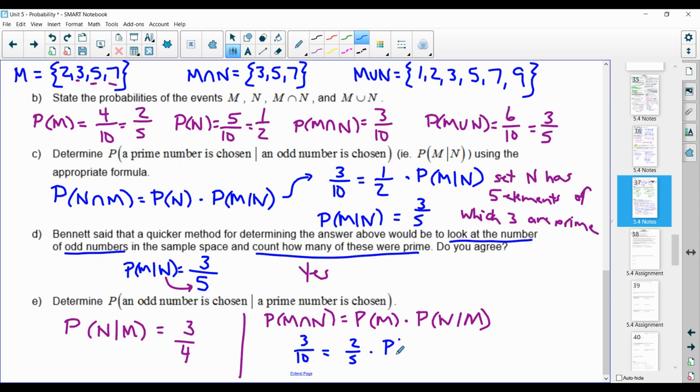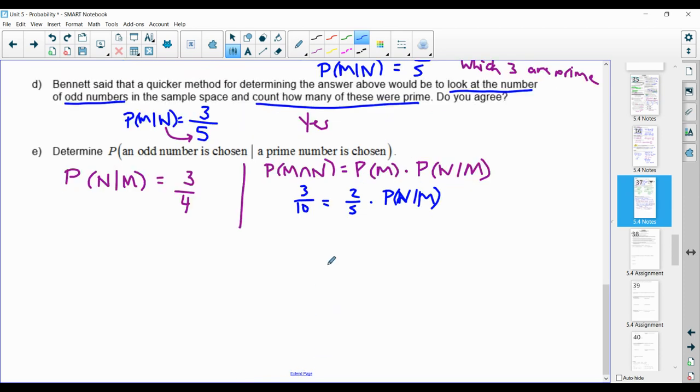And we're looking for the probability of N given M. To solve this question, we're going to take the 3/10 and divide by 2/5. So the probability of N given M is also 3/4. With that conditional probability, you can essentially treat this almost like a fraction. So the M is the 4, and of those 4, 3 of them are odd.